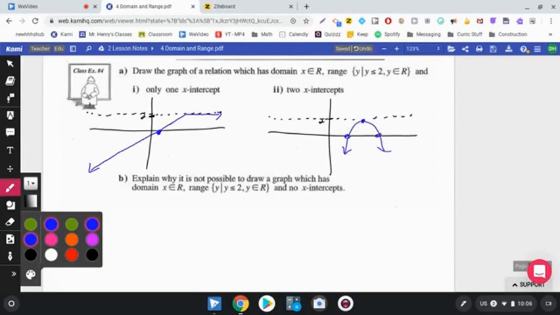Let's see this one. It says, explain why it is not possible to draw a graph which has domain x an element of the real with the range of y is less than or equal to 2, but has no x-intercepts.